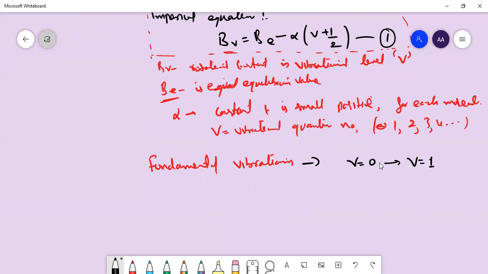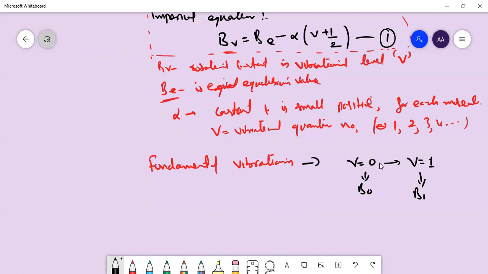If B0 is the rotational constant of the V equal to 0 level, and B1 is the rotational constant in the V equal to 1 level, then as you increase the vibrational quantum number, the value of B decreases due to the change in the bond length from the average bond length.